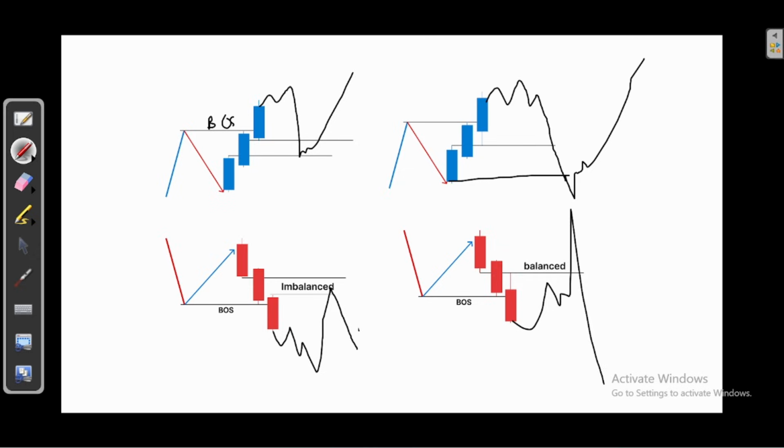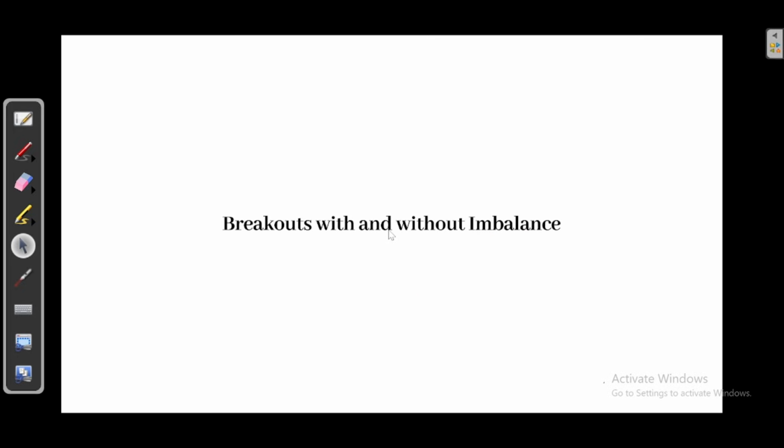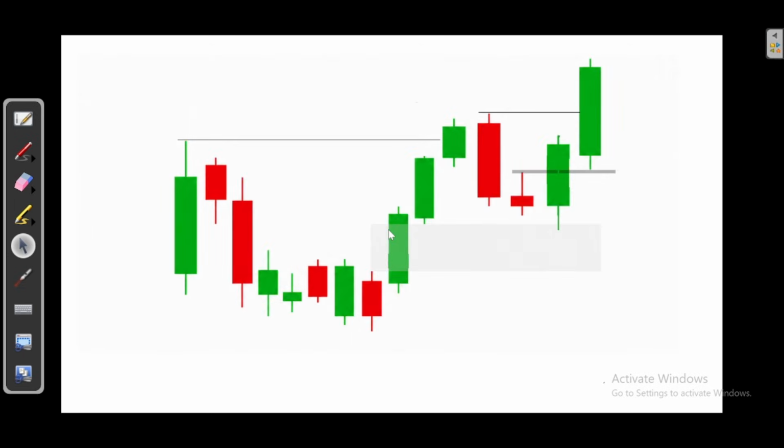It will come and sweep that level. I will show you guys a chart example of that. So just know it. Breakout with imbalance, price will reverse back to that level before pushing the direction we desire. But without imbalance, a liquidity sweep may be formed.